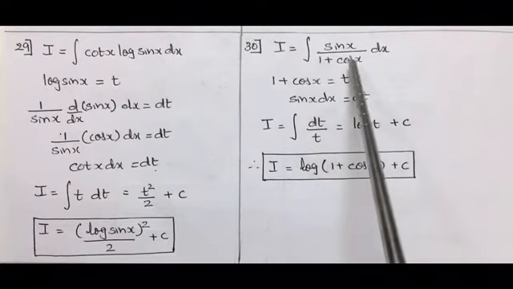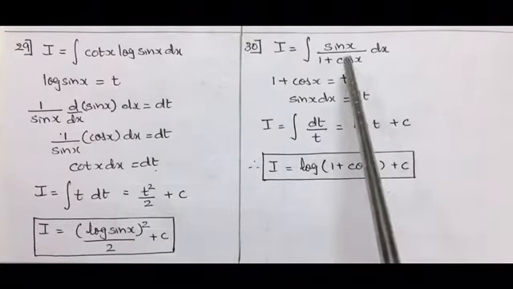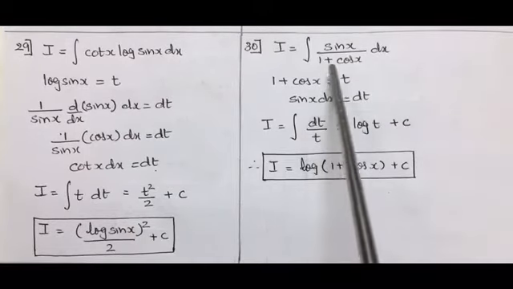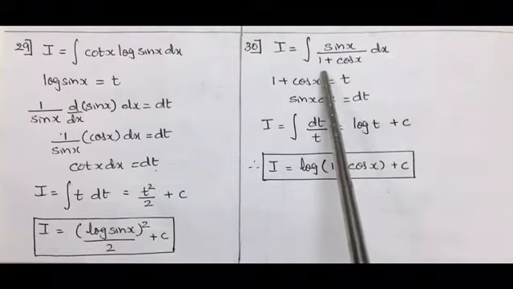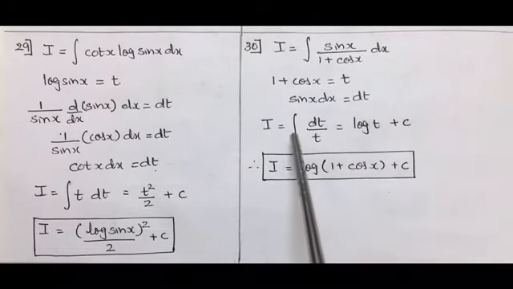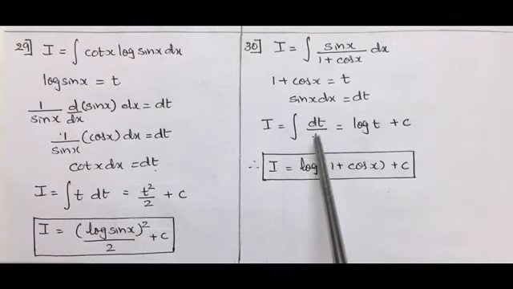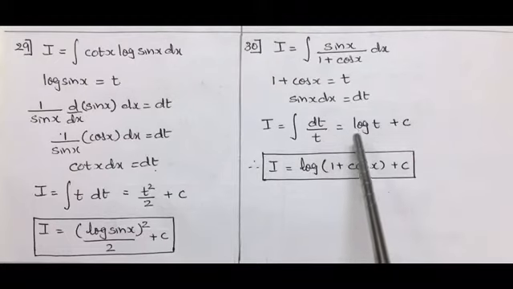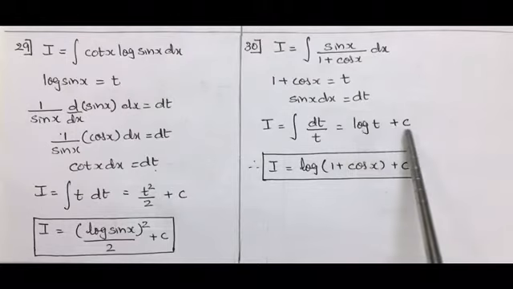Keeping the values in the question, sin x dx will be replaced as minus dt upon 1 plus cos x is t. So we get here minus integration of dt upon t, and 1 upon t integration is log t. So the answer will be minus log t plus c.